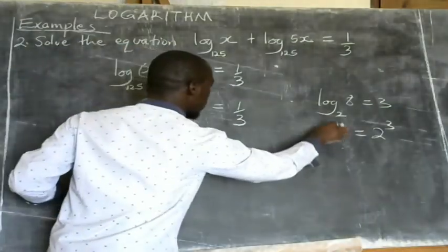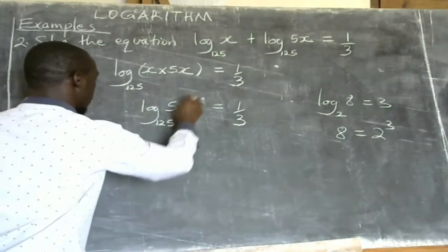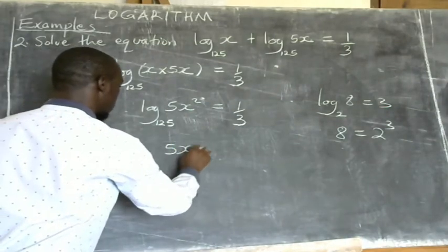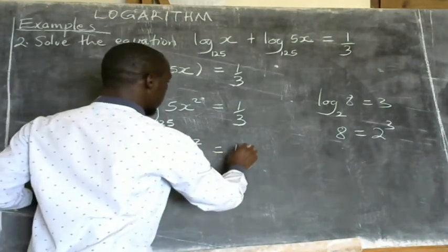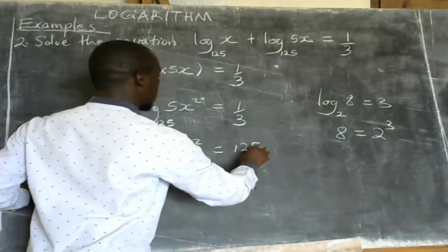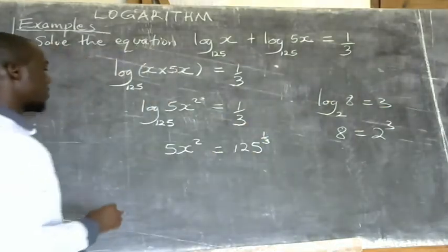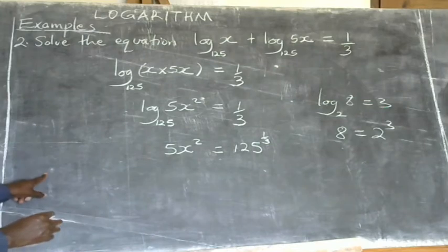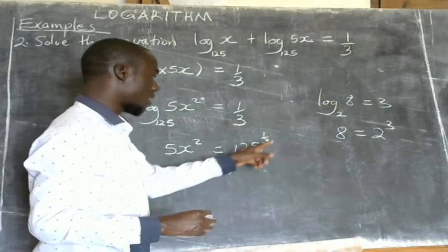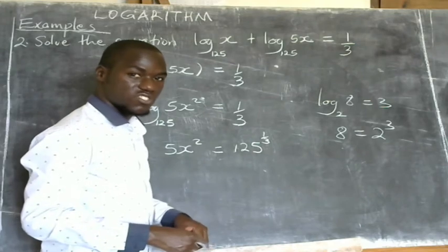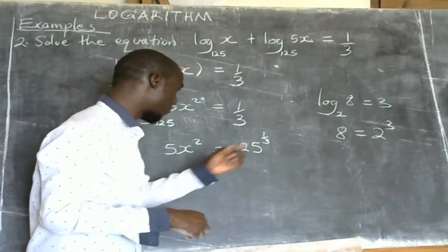Comparing this with what I have here, this one here is my 8, 5x squared is equivalent to the base here, 125, power that one there, which is a third. Now, you recall in index form that the power third is the same as the cube root.